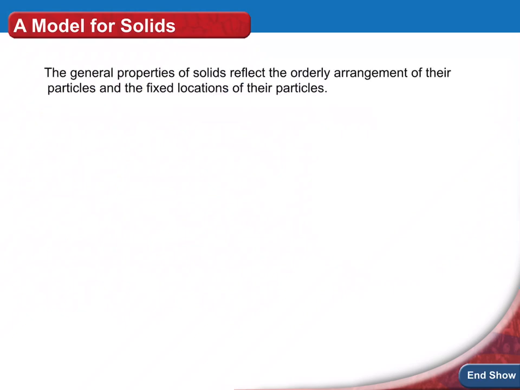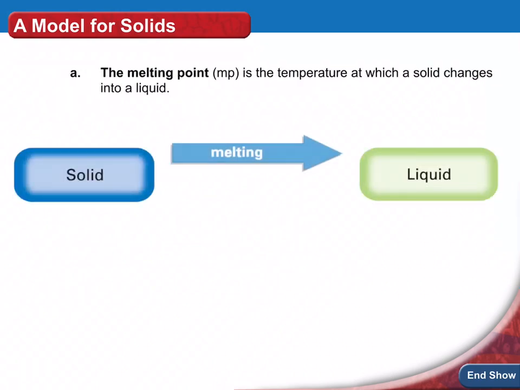Solids are solids, number one, because the particles have less kinetic energy, and two, because they're in a crystal structure. They have an orderly arrangement, whereas liquids and gases do not. So when we talk about melting point, it's very similar to your boiling point.